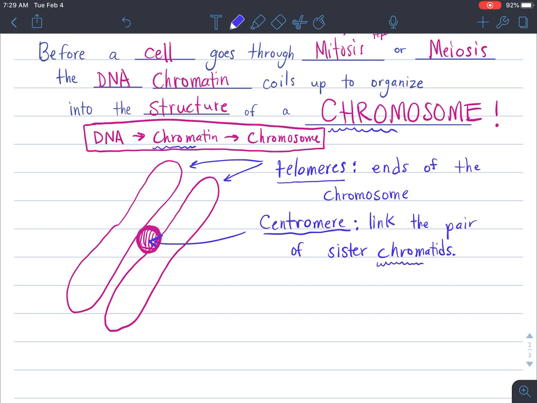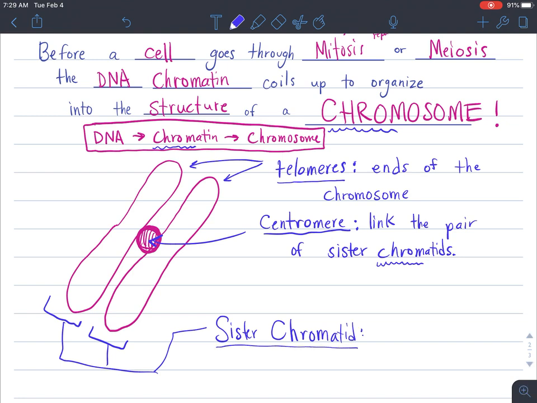And so when I say sister chromatids, well, this would be one sister chromatid, and that would be a second sister chromatid. And so let's define sister chromatid as well. So sister chromatids, remember, since it has that chrome, it means that it's DNA. It's made of DNA. So these are basically DNA sausages here, or whatever you want to call them. Sister chromatids are exact copies of each other.